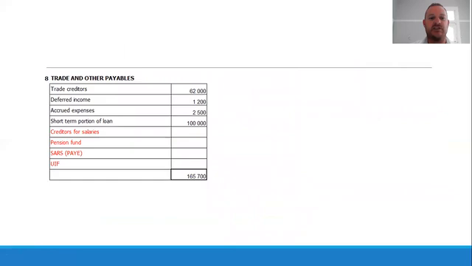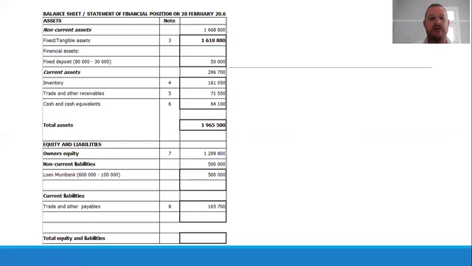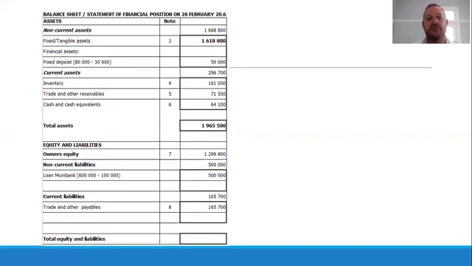And then we add the figures together and we get our final amount for trade and other payables. Again, gents, by highlighting it in red here, other items that would be included in trade and other payables have all been included there for you. So creditors for salaries, pension fund, SARS, and UIF would be other figures that you would normally place under trade and other payables. Okay, you then took that total across. Same thing, nothing else in that block. So you add it up, put the total above.